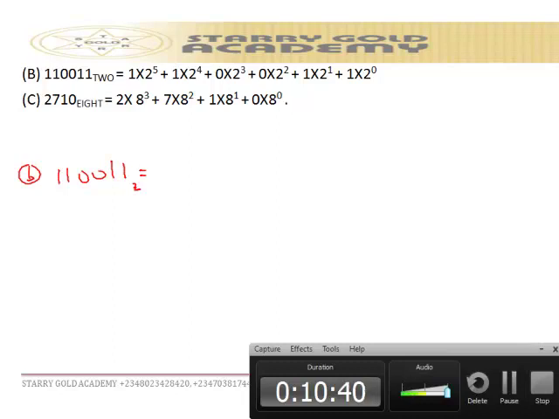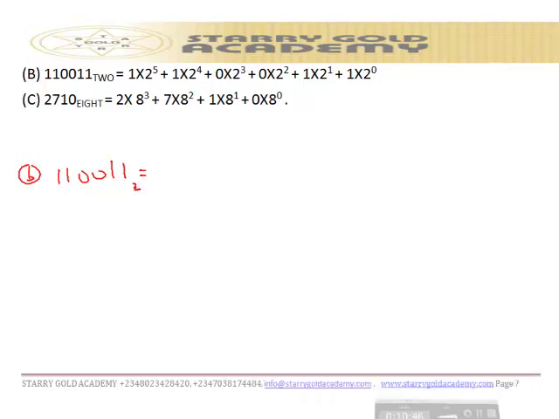The number that we have now on the board, 110011, is a number that is beyond thousands. Now let's check out the place values of 110011 base 2.